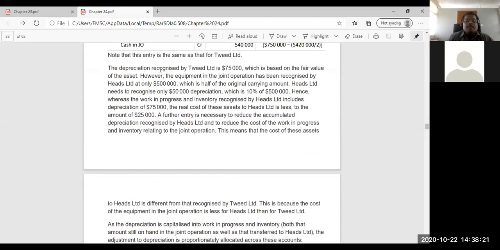Here depreciation recognized by T Limited is 75, which is based on the fair value of the assets. However, the equipment in the joint operation has been recognized at 500, which is half of the original. So I will explain this again.